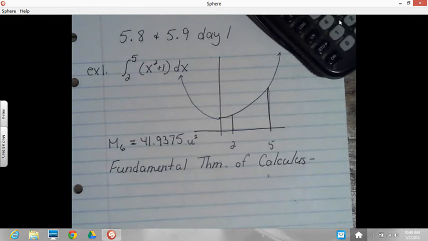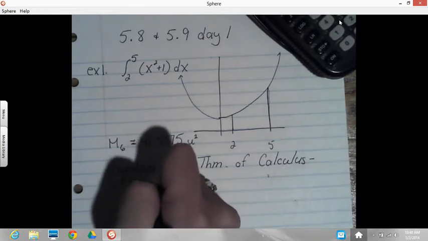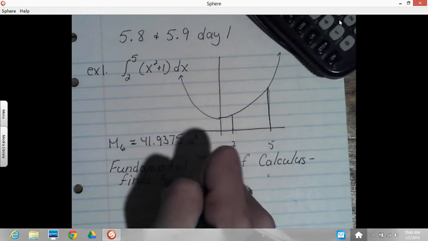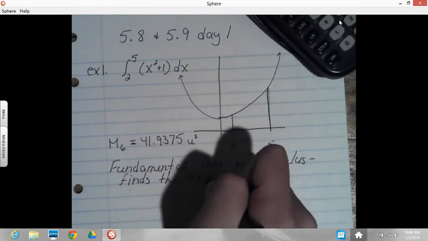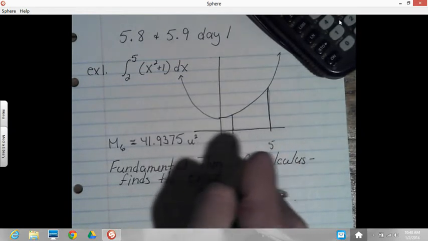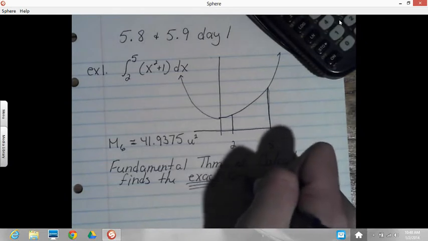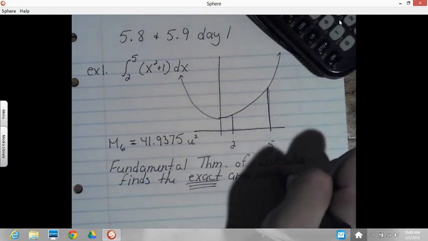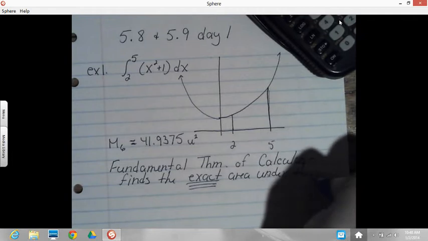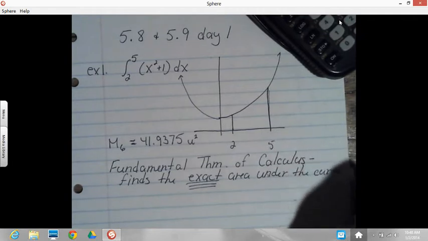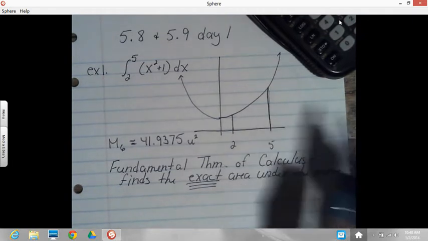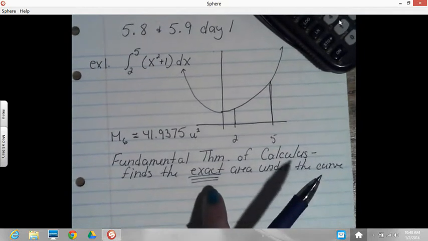And what it does is it finds the exact area under the curve. All the ways that we found the area under the curve before have all been approximates. This is our first time we're going to be exact.